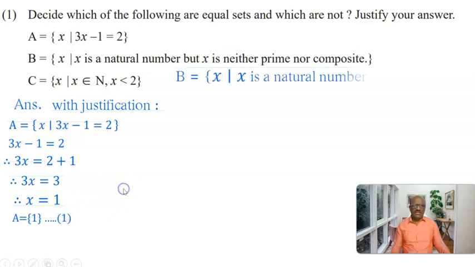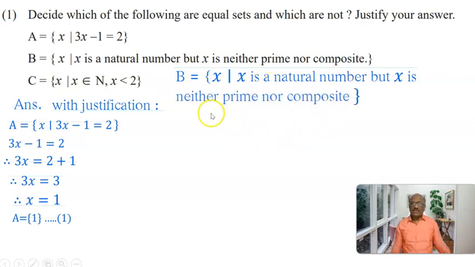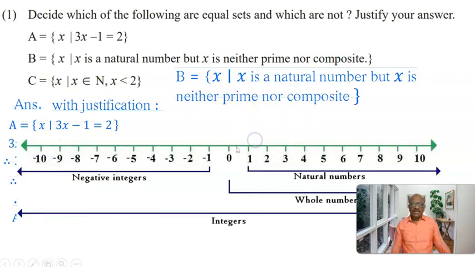This is the first. Next, B is equals to, in curly bracket x is such that x is a natural number but x is neither prime nor composite. Okay, we know the natural numbers 1 2 3 up to infinity. तर तो कसा पाहिजे आपल्याला, नॅचरल नंबर पण पाहिजे and neither prime, म्हणजे 2 5 7 11 या प्रकारे नको पाहिजे. कॉम्पोजिट पण नको पाहिजे म्हणजे 4 6 8 10 या प्रकारचा पण नको पाहिजे.